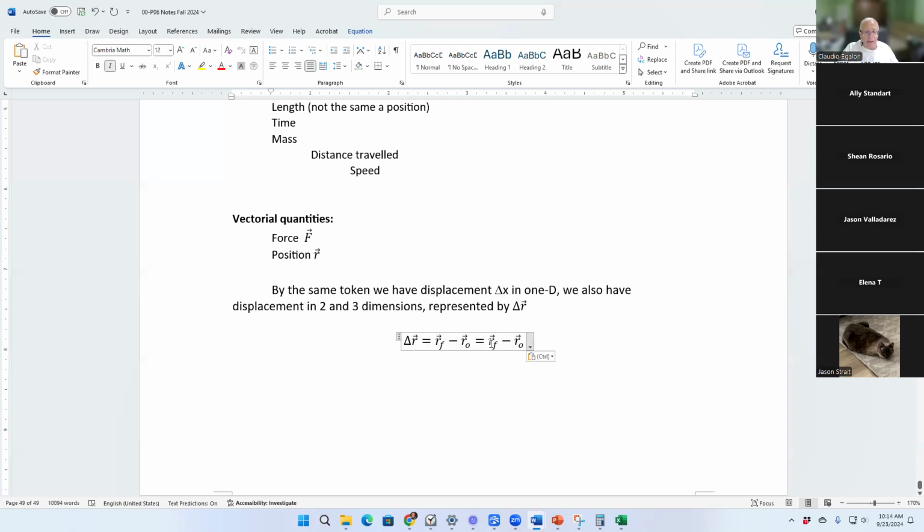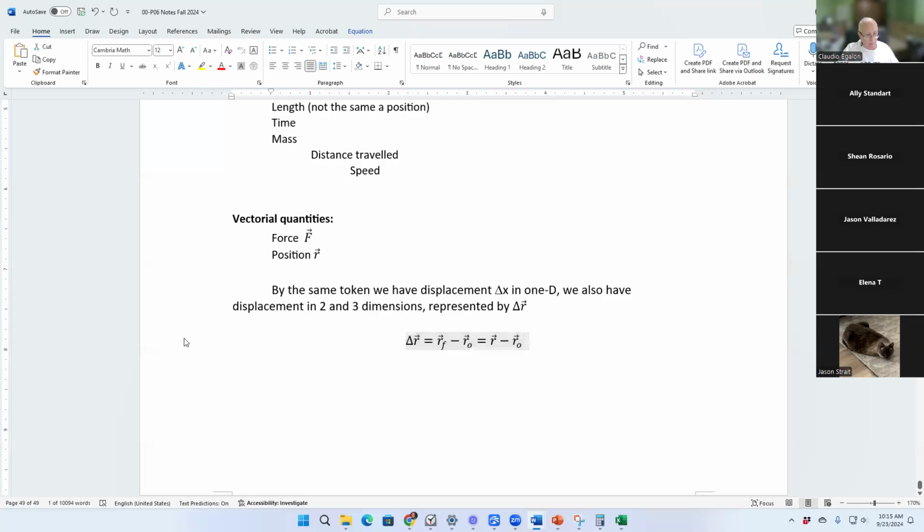But to simplify the notation, we just drop the final subscript, for simplification's sake. Rf is equal to R.